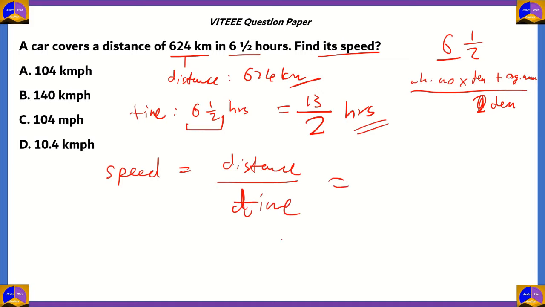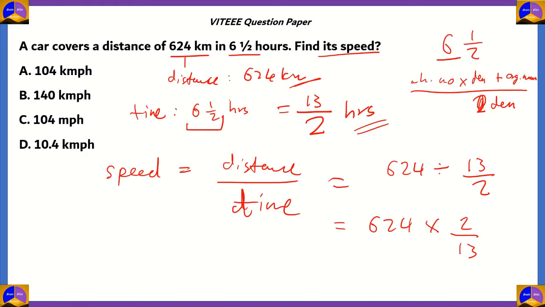We will just divide 624 by 13 by 2. Now, division with respect to fractions simply means that you multiply with the reciprocal of that fraction. So 624 divided by 13 by 2 will be equal to 624 times 2 by 13.